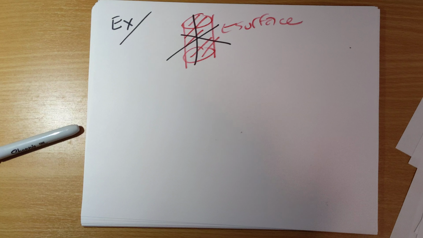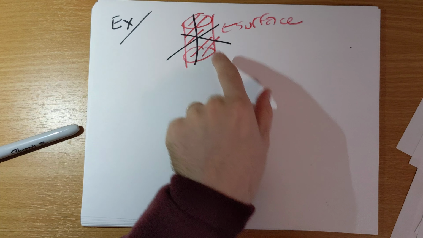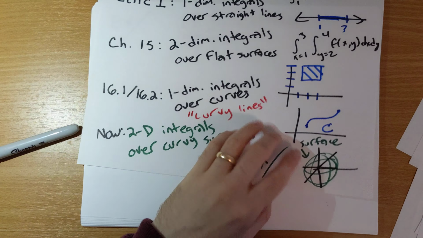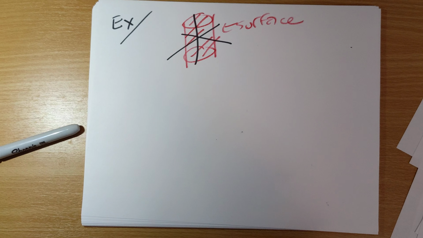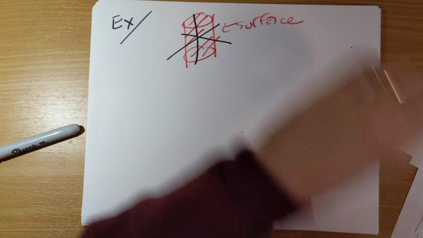And then later on in this section, we'll talk about calculating areas, surface areas of these surfaces. I mean, this surface area and this surface area are pretty easy, but we'll have more complicated looking surfaces coming up. And then in the next section, section 16.6, we'll be defining surface integrals. So we'll be integrating over these surfaces.